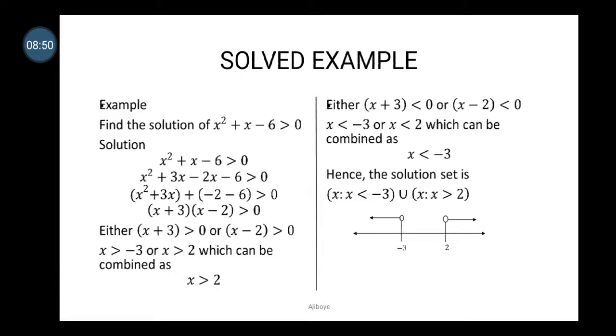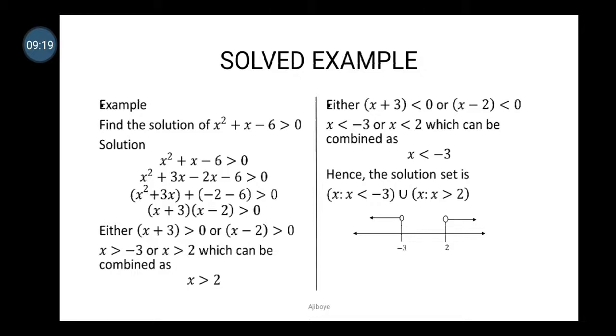If we make x the subject again, we'll get that x is less than minus 3 and x is less than 2, which can be combined as x is less than minus 3. Why? Because if x is less than minus 3, it implies directly that x is less than 2. So that's the combination of the two, and that's how you combine.